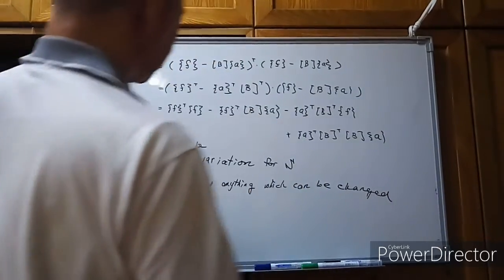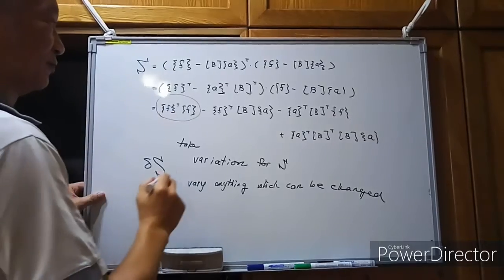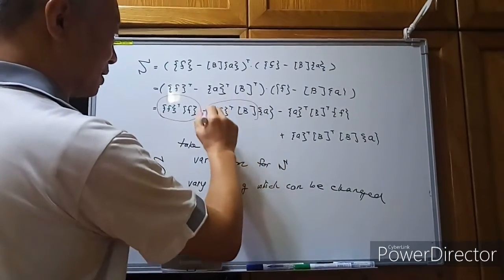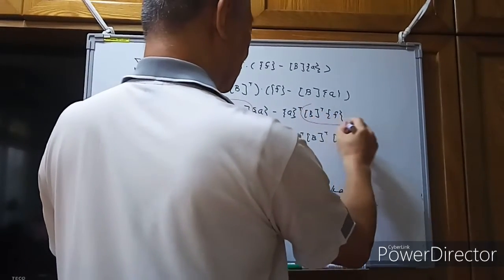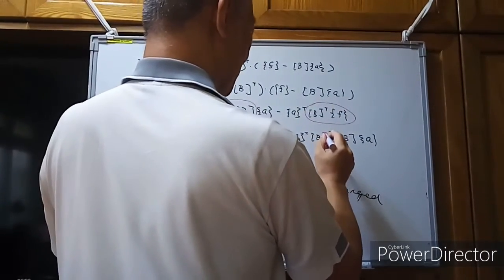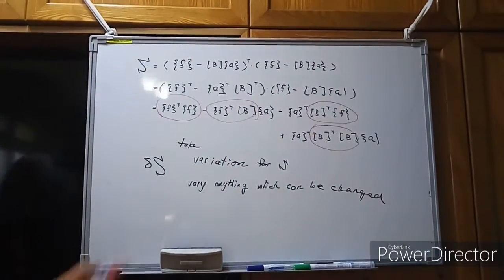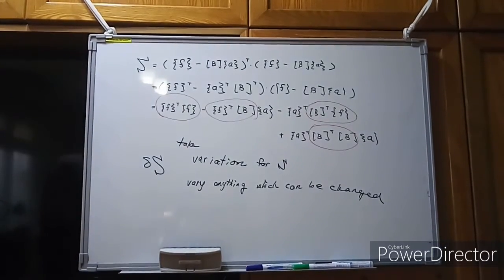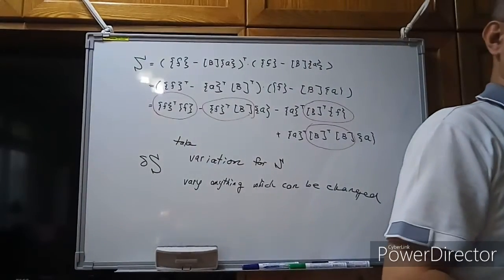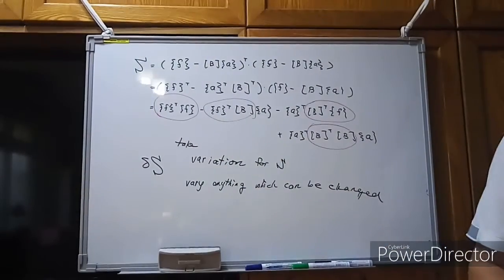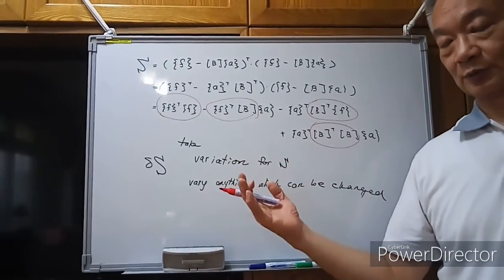Okay, so the F transpose F, and for everything in the red circles, we cannot make any change, since remember the xi and the fi, all the xi and the fi, they are the input data from the program user.